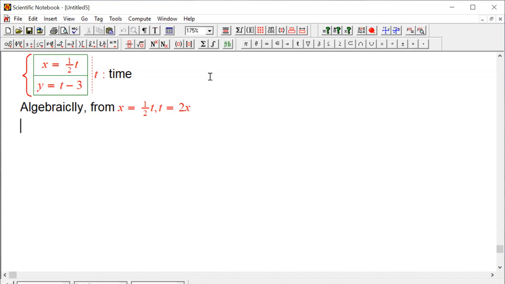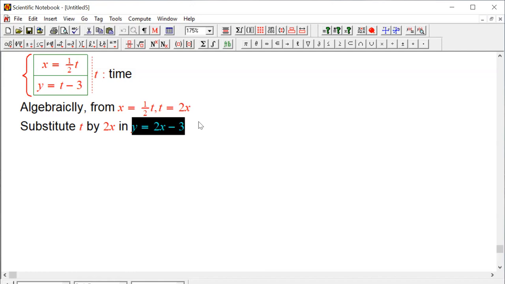Then we substitute t by 2 times x in the second equation, y equals t minus 3. If we do that, t will be replaced by 2x. We end up with an equation. This is actually a line equation, okay?